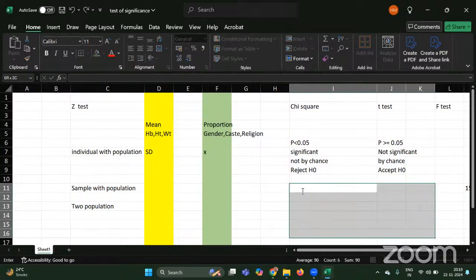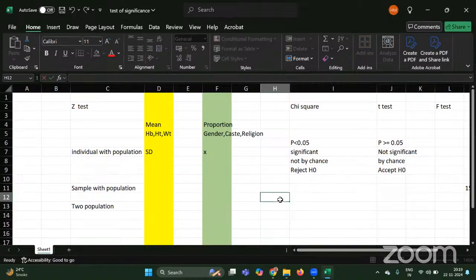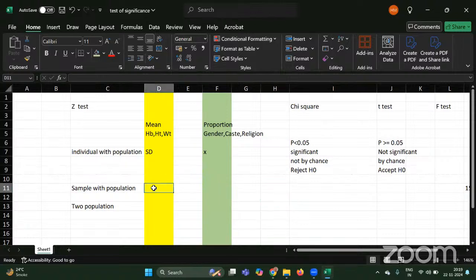So this is one thing. Now, let's say that we want to find out how many of the population will have a hemoglobin level between 11 to 12.5.